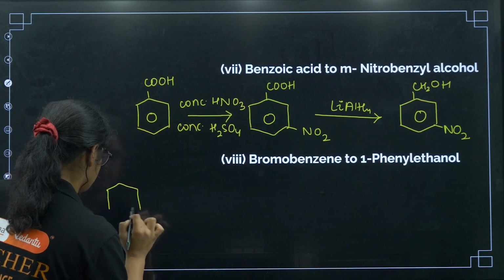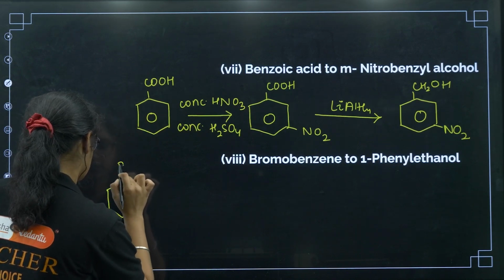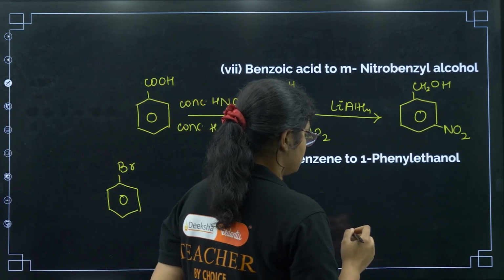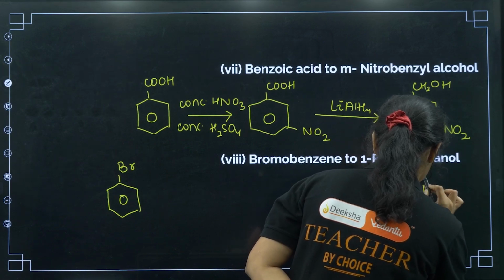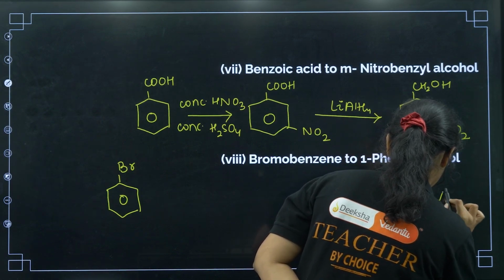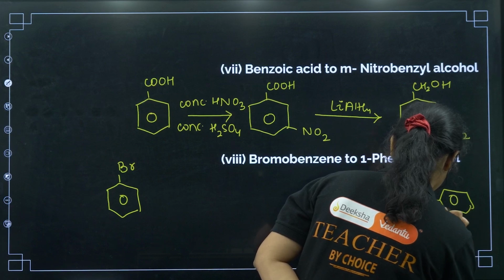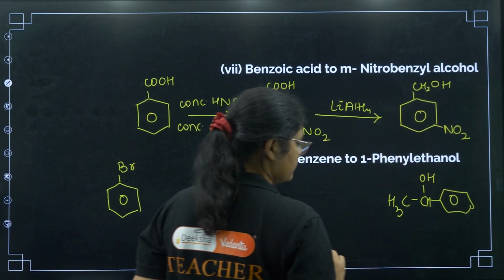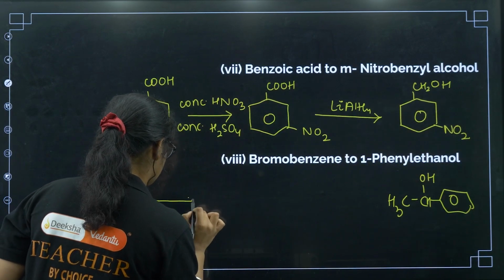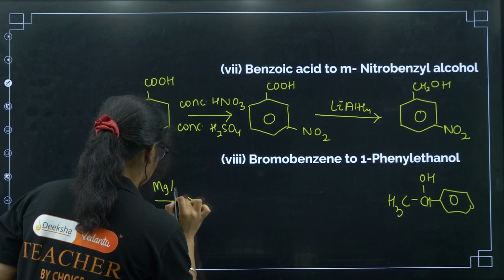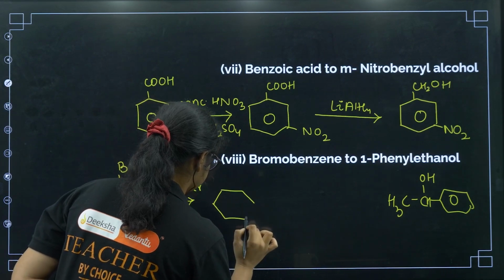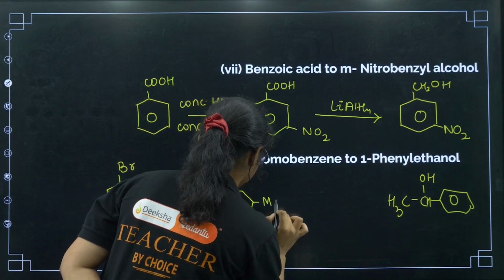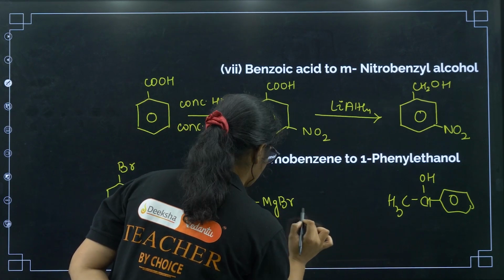Let us see the next question. Bromobenzene to 1-phenyl ethanol. The structure here you should be very careful: CH3, here OH, and here you have phenyl. So 1-phenyl ethanol. Now I can treat it with Mg and ether and convert this to a Grignard reagent, so you will get PhMgBr.